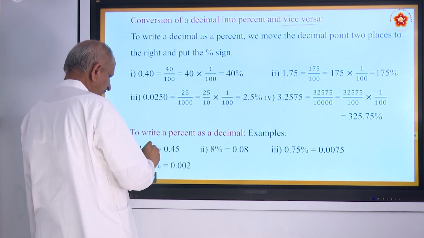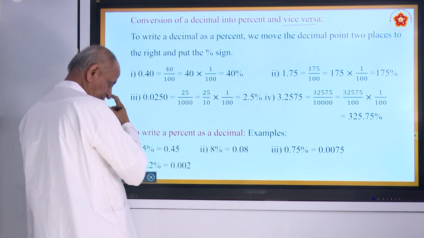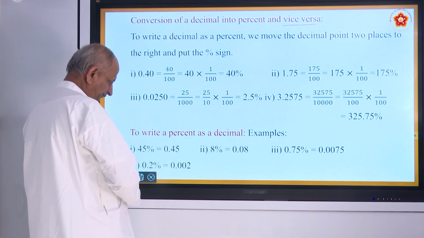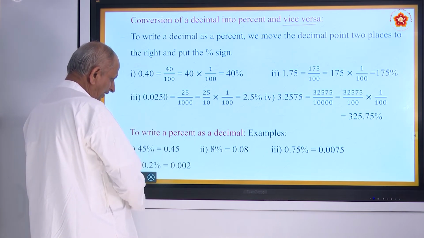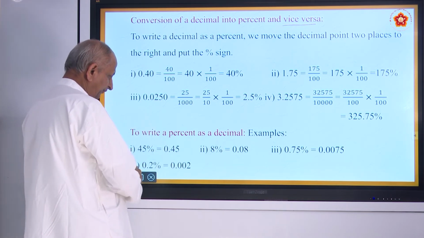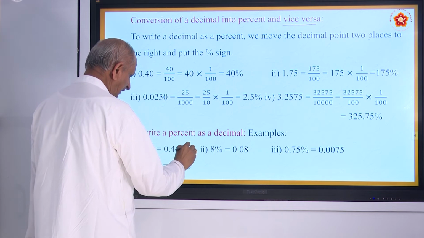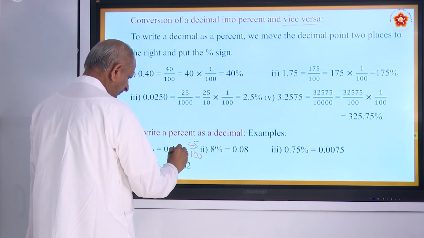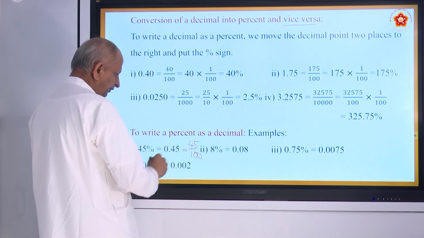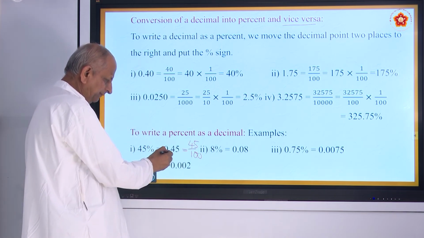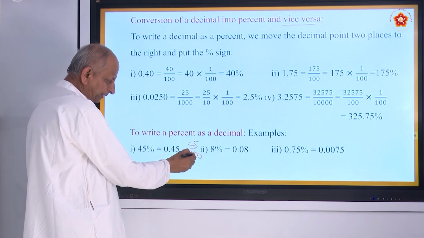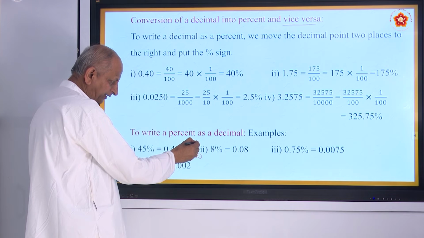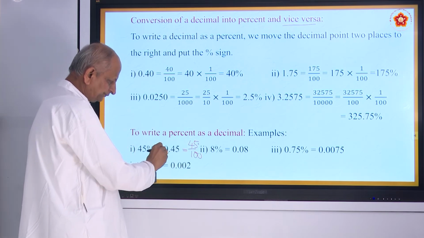See here, percent will be given, say 45%. How to write decimal? Divide this 45 by 100. So, that is a fraction form. When divided by 100, there are 2 decimal places, so the point moves to the left.